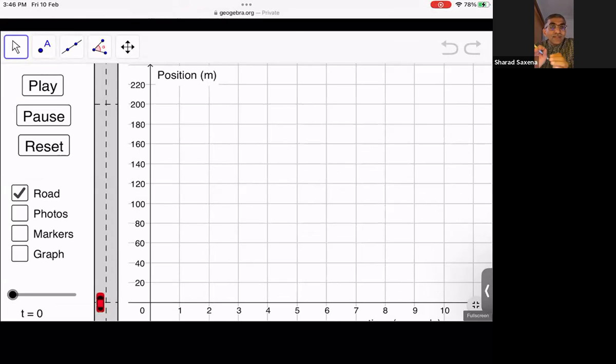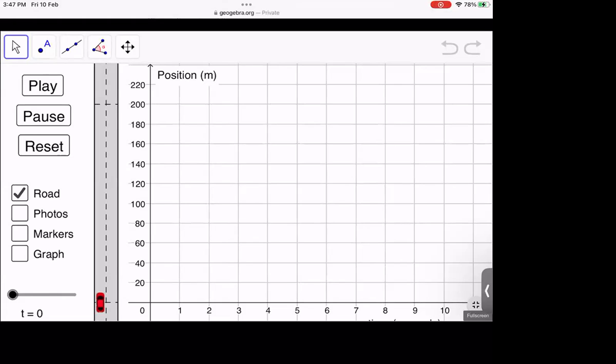You don't have to pay anything. You don't have to learn anything. So there is only one checkbox ticked, which is road. And on the road, the left-hand side of the graph is empty at the moment. What you see is a red car at distance 0, and time is 0 at the moment.